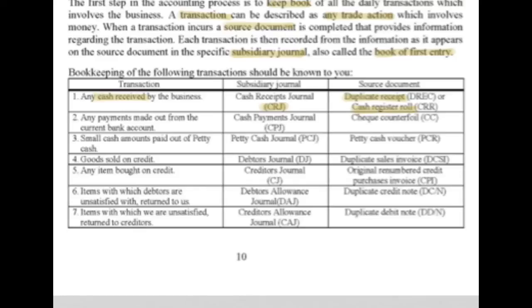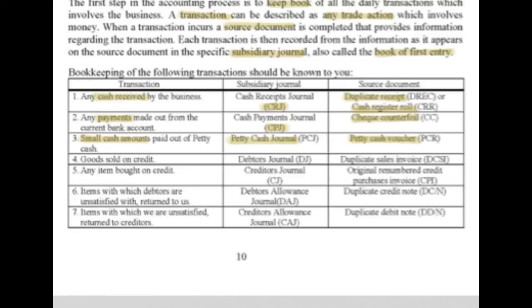Secondly, any payments that are made are recorded in the CPJ, and remember the cheque counterfoil is my source document. Then I can also make small cash payments out of the petty cash. Therefore, I use the petty cash journal, and the source document is the petty cash voucher.